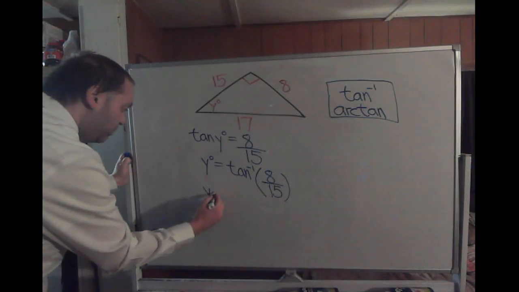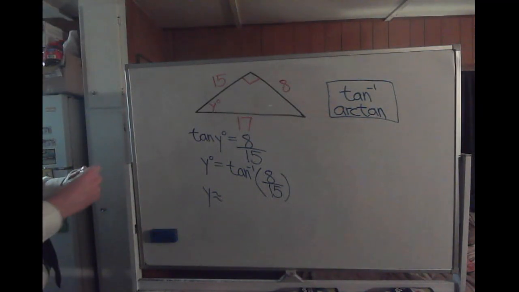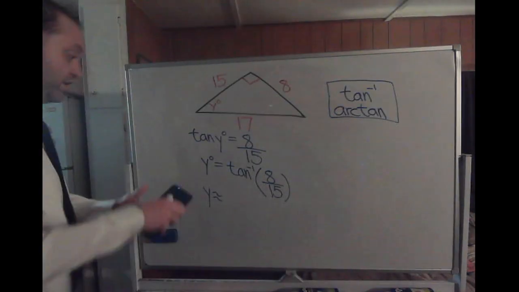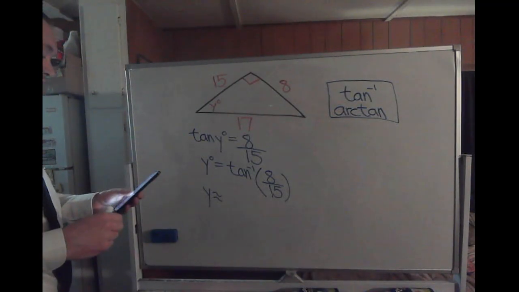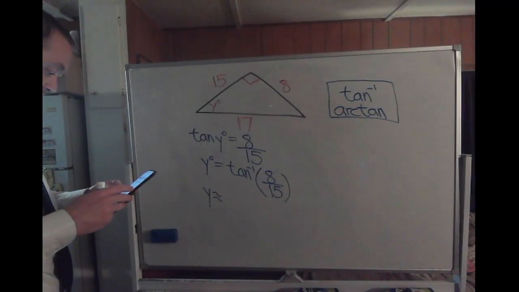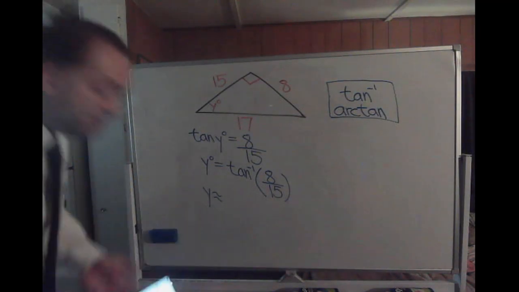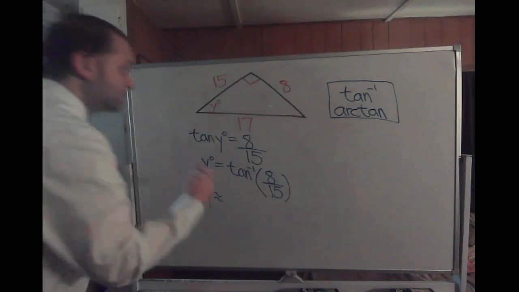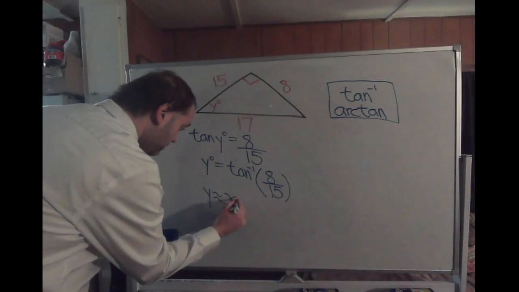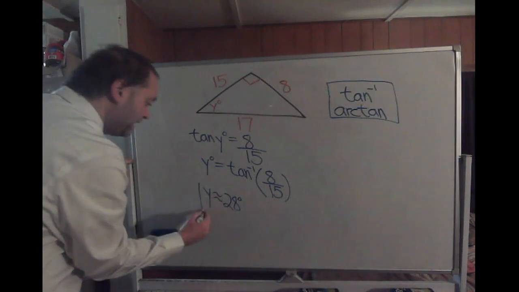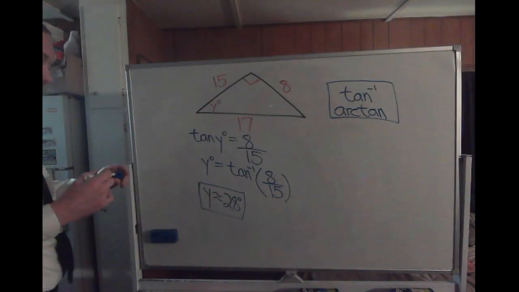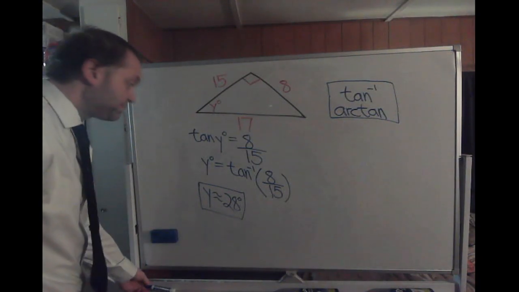Which then means y would approximately be equal to what? And again, make sure your calculator's in degree mode. It's approximately equal to 28 degrees. So angle y has a measure of approximately 28 degrees.